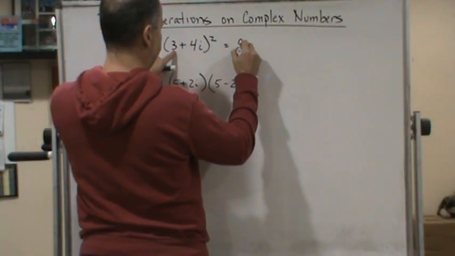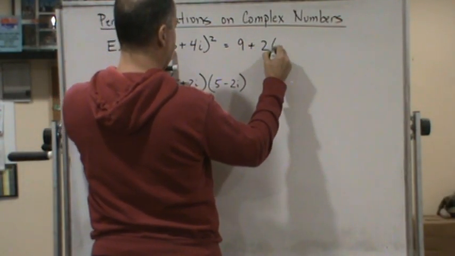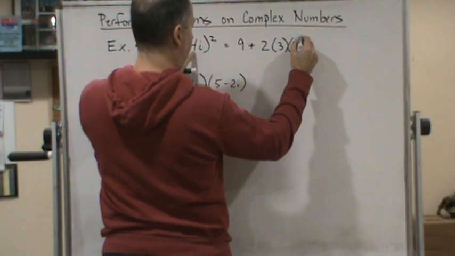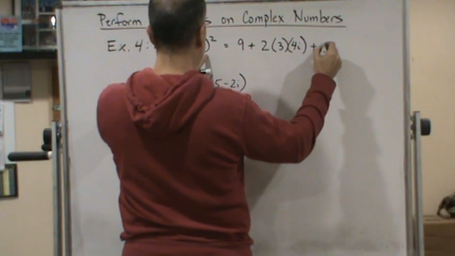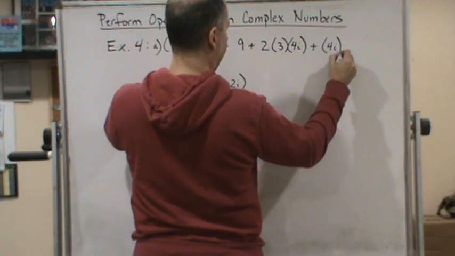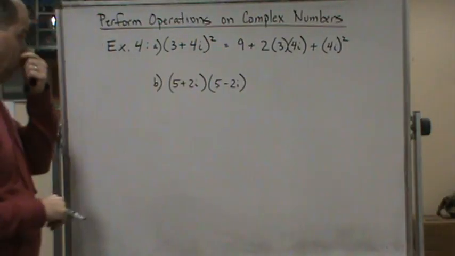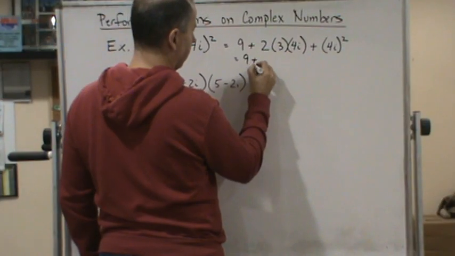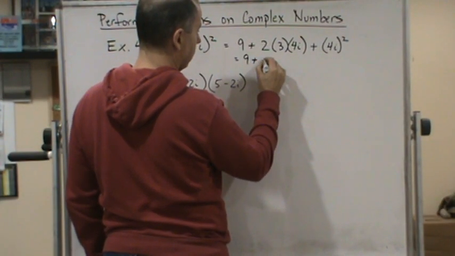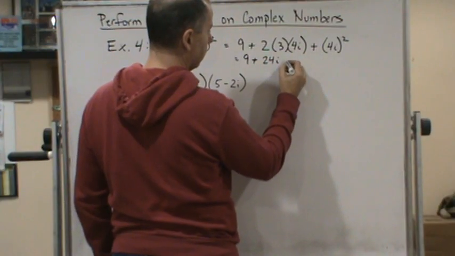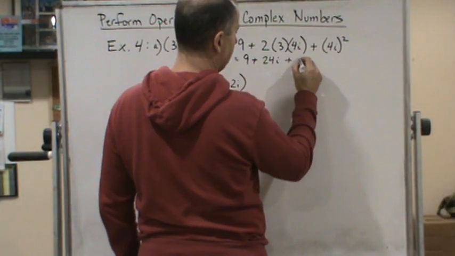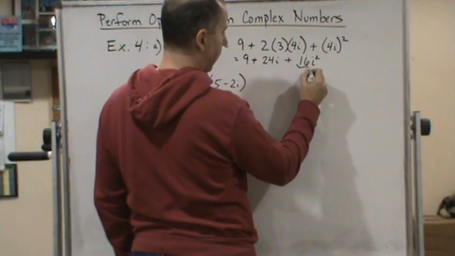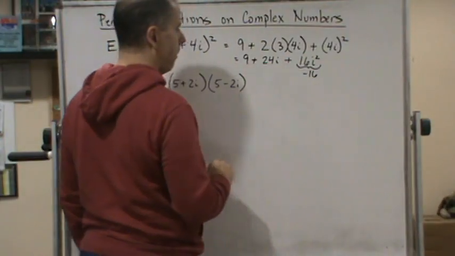So this is going to be 9 plus 2 times 3 times 4i plus (4i) squared. And so this is going to end up being 9 plus 24i plus 16i squared, which the 16i squared will just give me a negative 16.